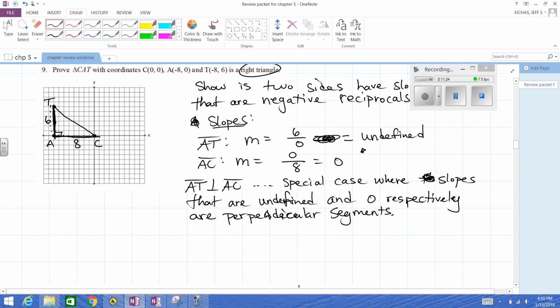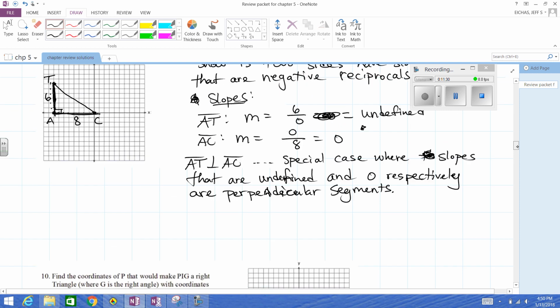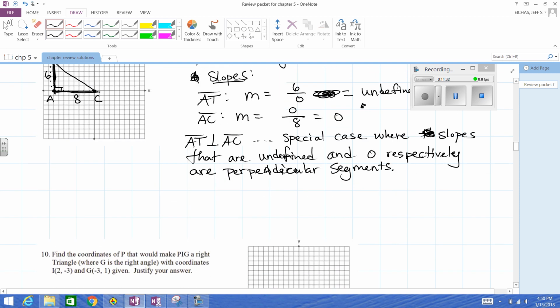Okay, so that's what we're going to say there. Usually we need negative reciprocals. We're not exactly going to get that. It's kind of a special case. So since AT is perpendicular to AC, we've got angle A is a right angle because perpendicular segments form right angles.